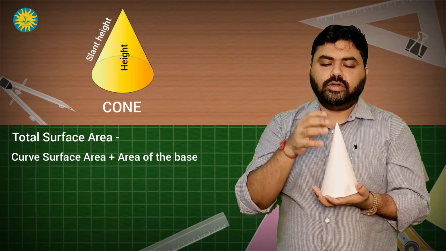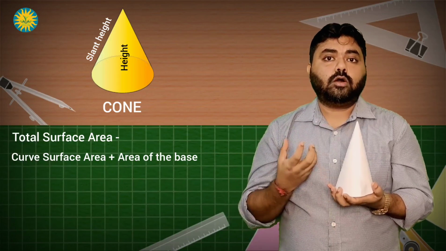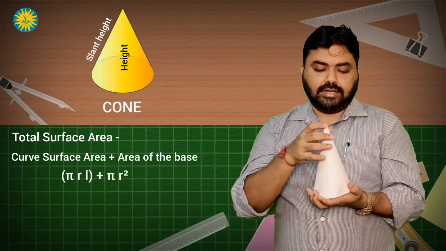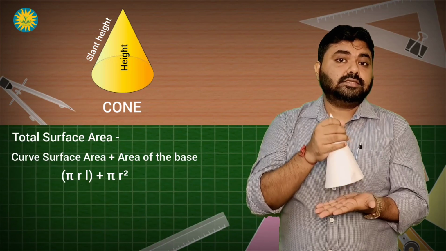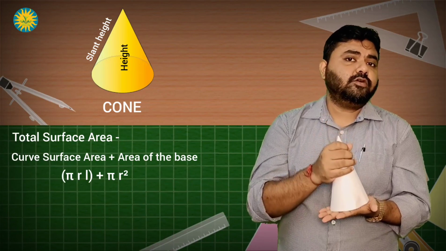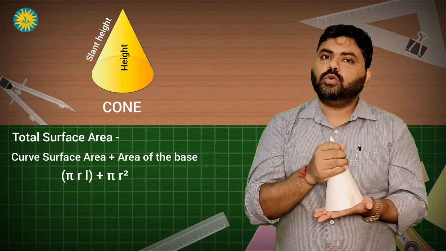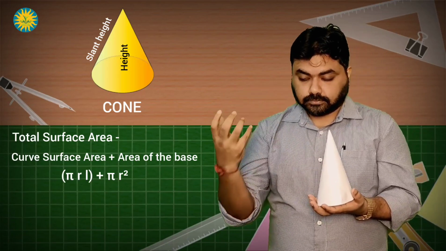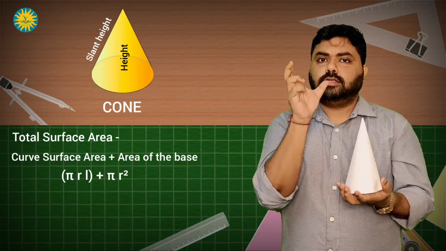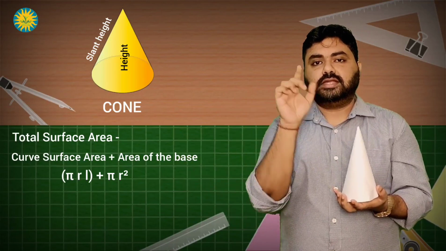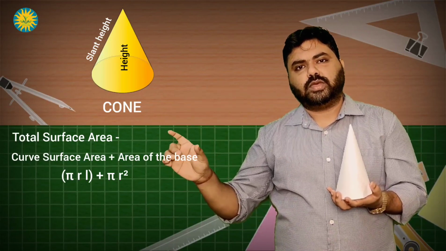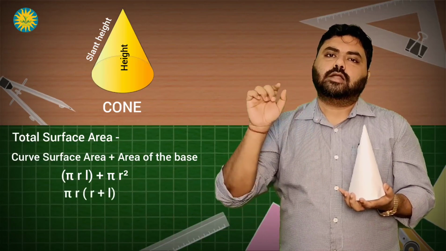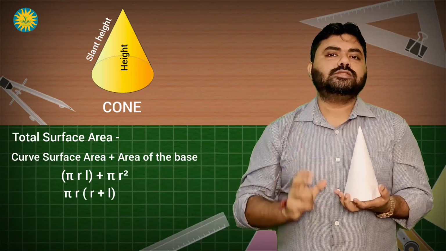The curved surface area is pi r l, and the area of the base is pi r square. So the total surface area is pi r l plus pi r square. If we take pi r common in bracket, we get pi r (r plus l). So this is the total surface area of a cone.